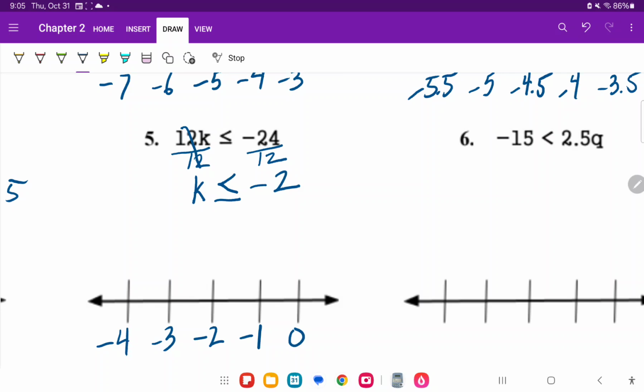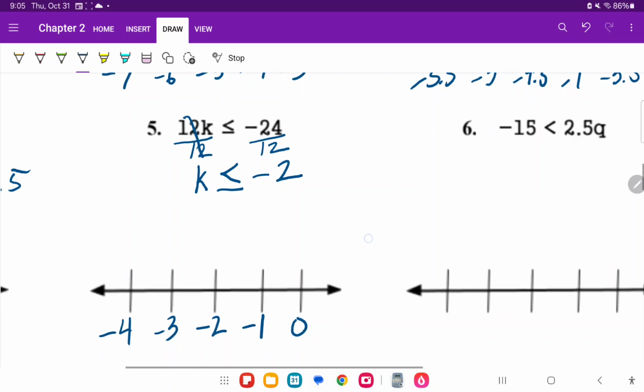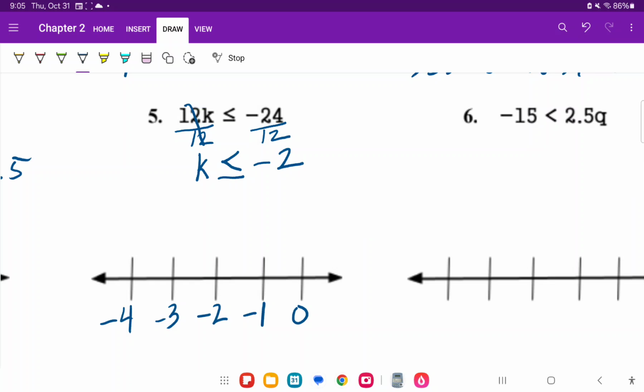And then Shelby, am I going to use an open circle or a closed circle? Closed. Good job. Right at -2, right? Then am I going to draw a line to the right or to the left? To the left. Great job. Who got that answer correct when you did that? Way to go.